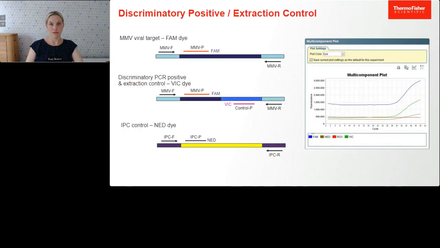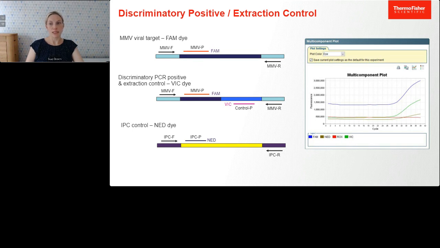So this slide just very quickly is detailing how the MMV assay has been designed, but it's the same for the Vesivirus kit, with the exception that the Vesivirus kit has 2 viral RNA targets. So firstly, for the MMV target, we have primers and a FAM probe to detect that. We then have our discriminatory positive or extraction control. This has been constructed to have a secondary target detected by a VIC probe, as well as including the MMV FAM target.